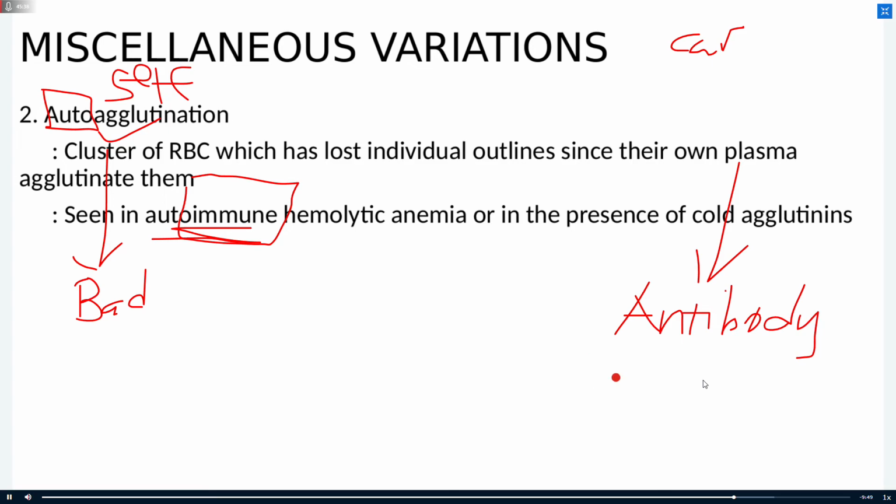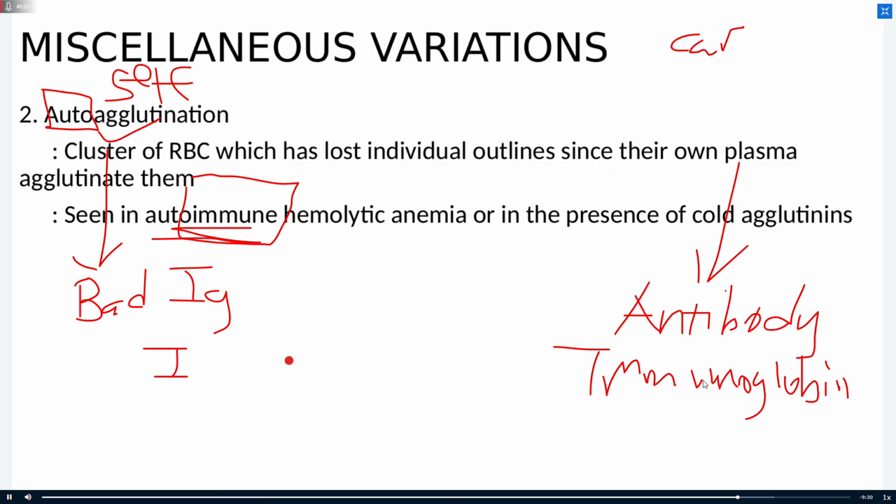Gamma globulin is one name, immunoglobulin. What are the 5 types of immunoglobulin? Can you tell me? G, A, M, E, D. Which immunoglobulin can be found in your room temperature or active in room temperature?